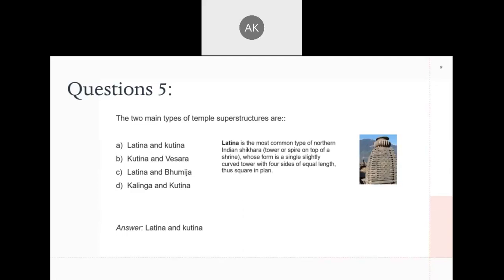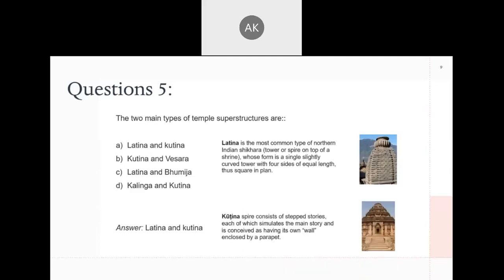It is found in the northern part of the Indian subcontinent. And Kutina is from the southern temple architecture, and it consists of stepped stories, each of which simulates the main story and is conceived as having its own wall enclosed by a parapet.